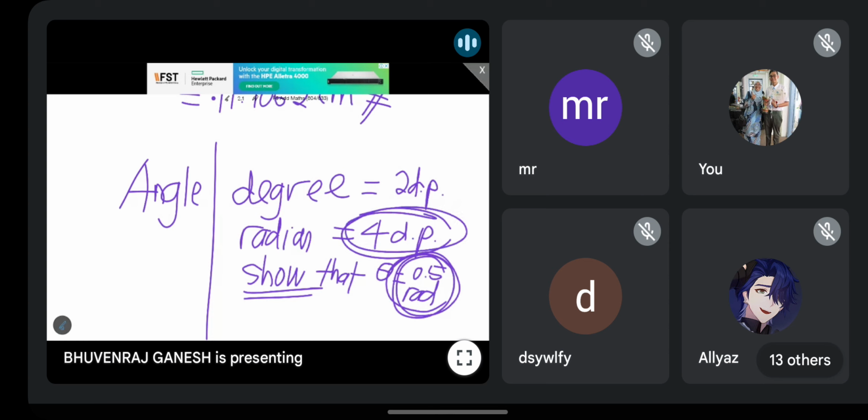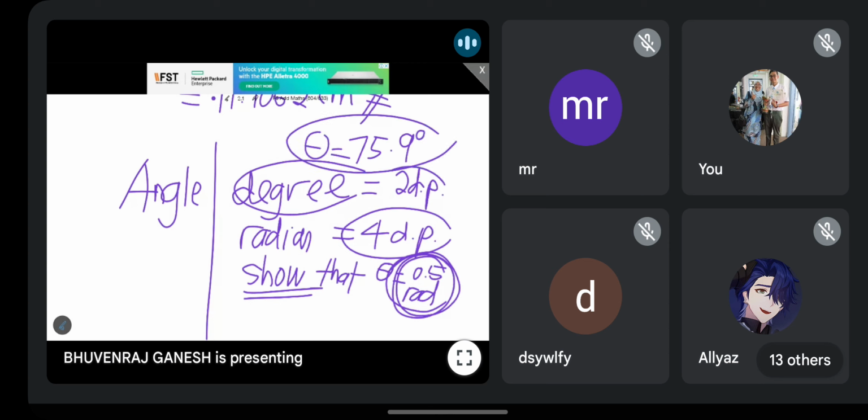Maintain. If they ask show, then you follow the question. Clear? So this one you all must know. Same with degree also. Kalau soalan buktikan degree, they ask you to buktikan theta sama dengan 75.9, jangan kamu bagi 2 dp pula. Maintain the answer they ask you to show. Jangan tambah, jangan kurang. So this is for angle.